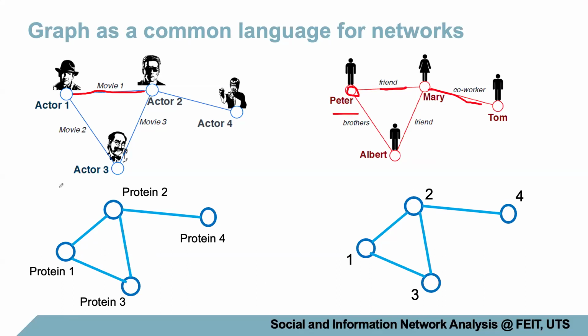For these three different networks, if we use a graph to describe them topologically, they are the same. They can be described with the same graph. Like here, we have a graph of 4 vertices, 1, 2, 3, 4, and also 4 edges between them. It can represent these 3 networks.